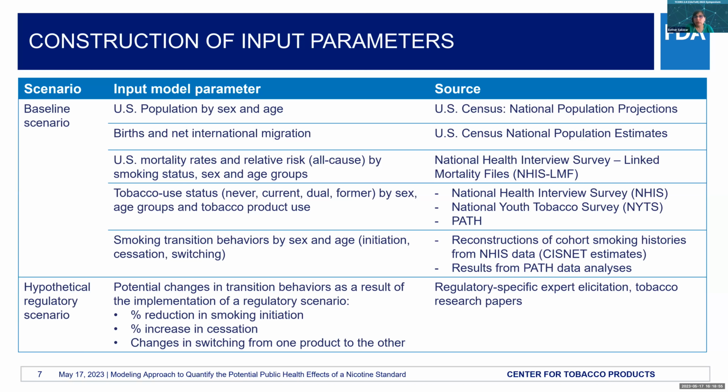Also, results from a PATH data analysis were considered. Finally, for a hypothetical regulatory scenario, data regarding potential changes in transition behaviors as a result of the implementation of the regulatory scenario could be obtained from expert elicitation or assumptions based on findings from peer-reviewed publications.